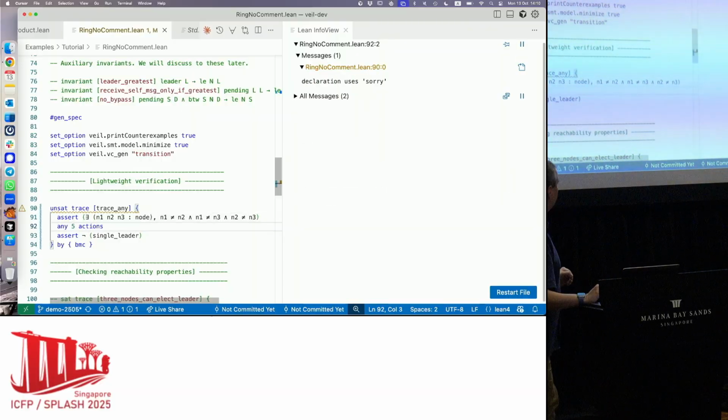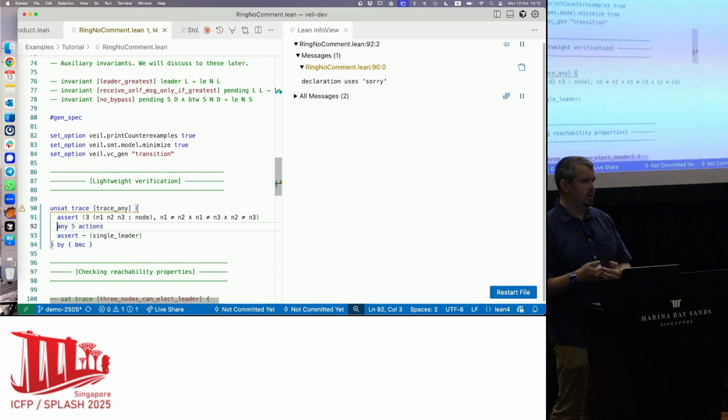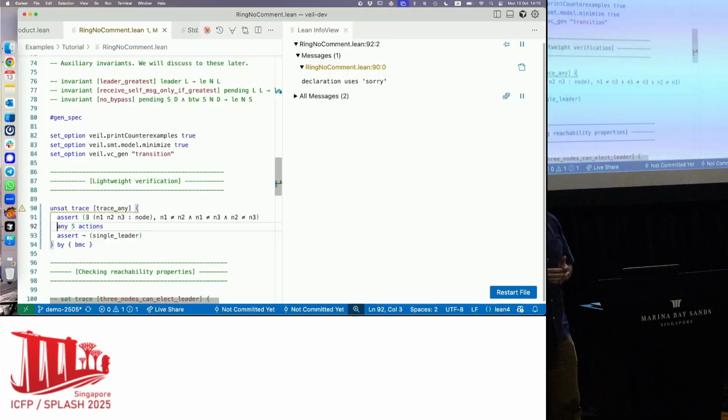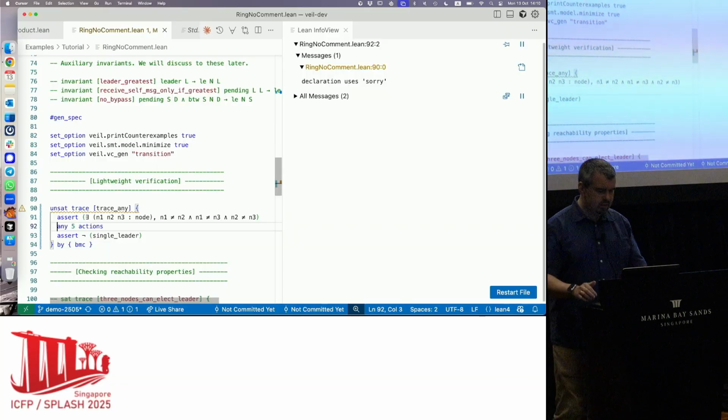The reason why this is weaker than the verification that you typically want is that we didn't model it for any arbitrary number of nodes, and we didn't model it for any arbitrary number of transitions. We had to finitize both. What makes it symbolic is that we did not have to say which transitions we are going to take. The tool has tried all of them.